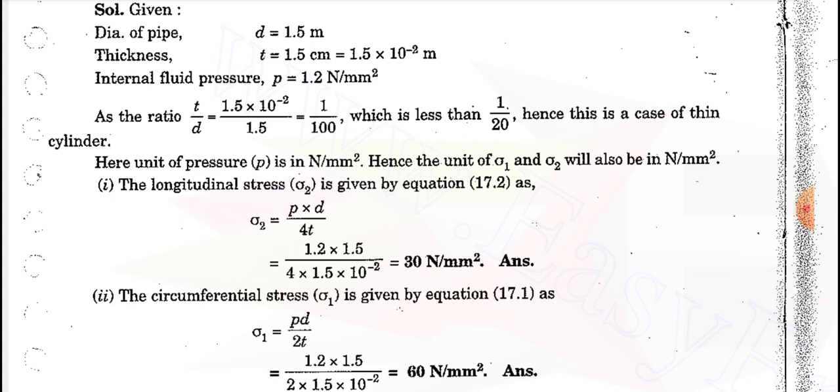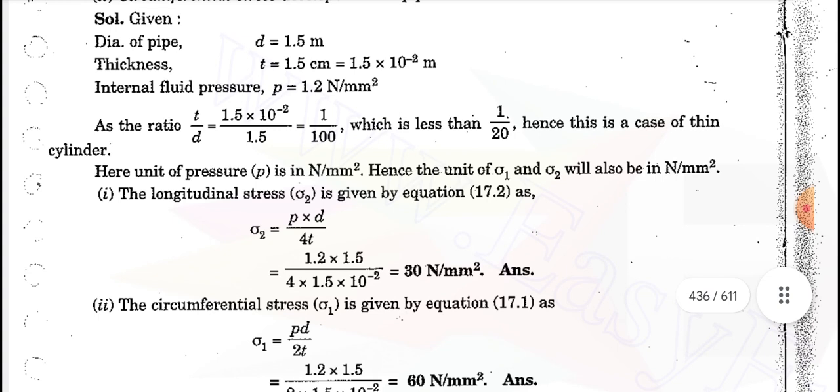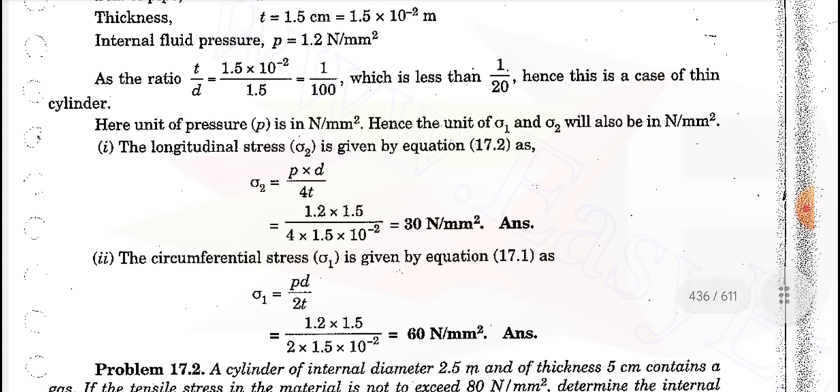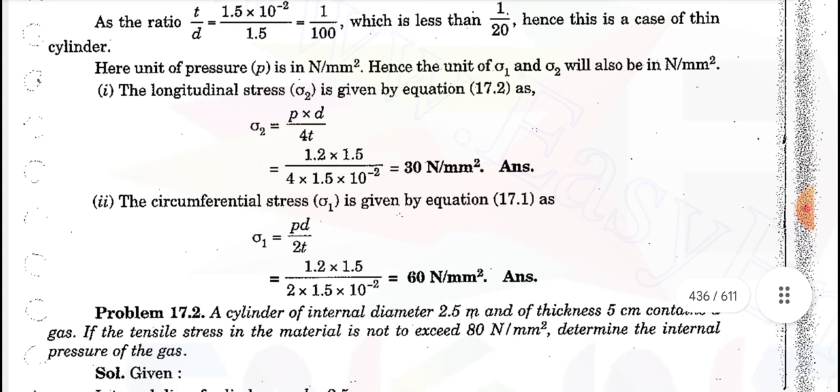The diameter value is also given, that is 1.5 meter, and the 4 is derived from the expressions, and T is the thickness of the cylinder. Therefore the final value of the longitudinal stress is 30 Newton per mm square.